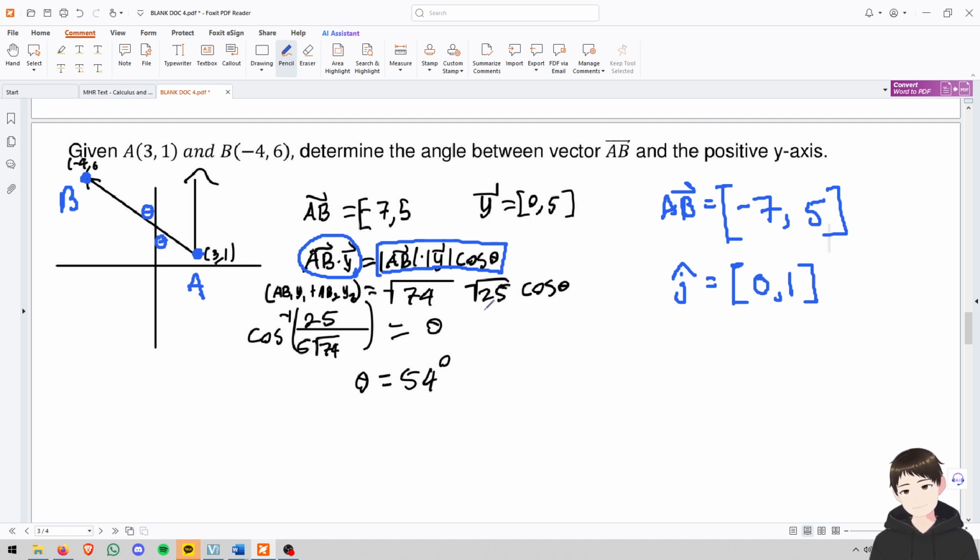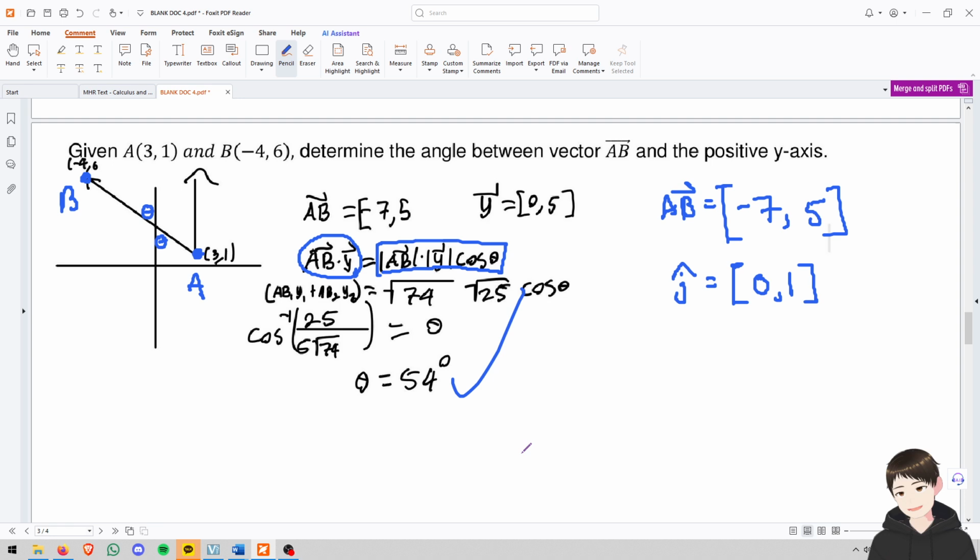So the magnitude is root 25, okay. And then cosine theta. There's nothing on the other side of the equal sign, so they used the cosine law formula for the dot product, which gives you negative 7 times 0, 5 times 5, 25. So 25, divide, 0. Yep.